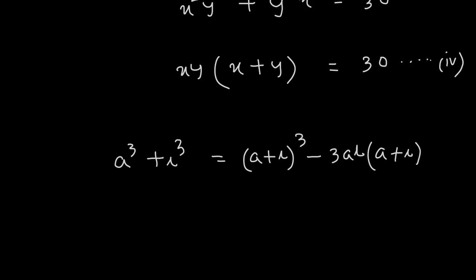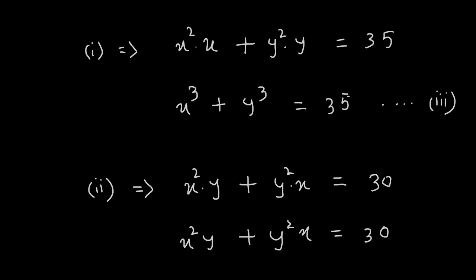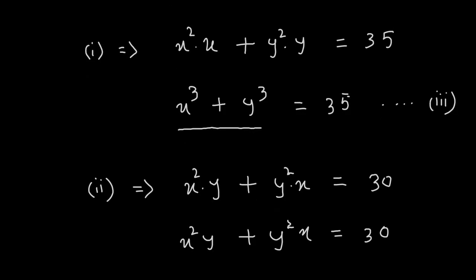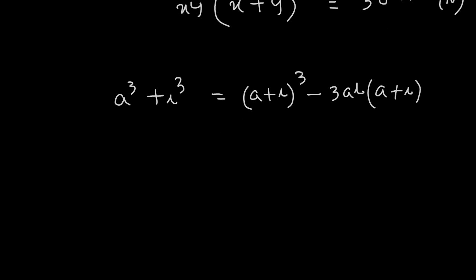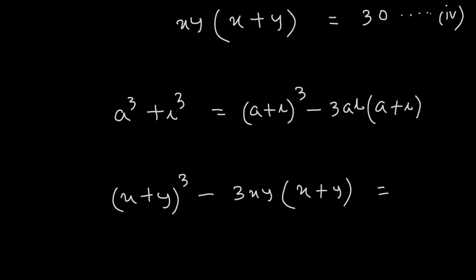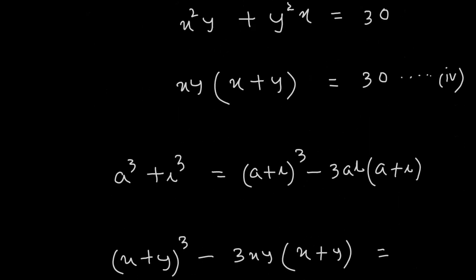So we can apply this formula in equation number 3 here, and we can write x plus y whole cube minus 3xy times x plus y equals 35.